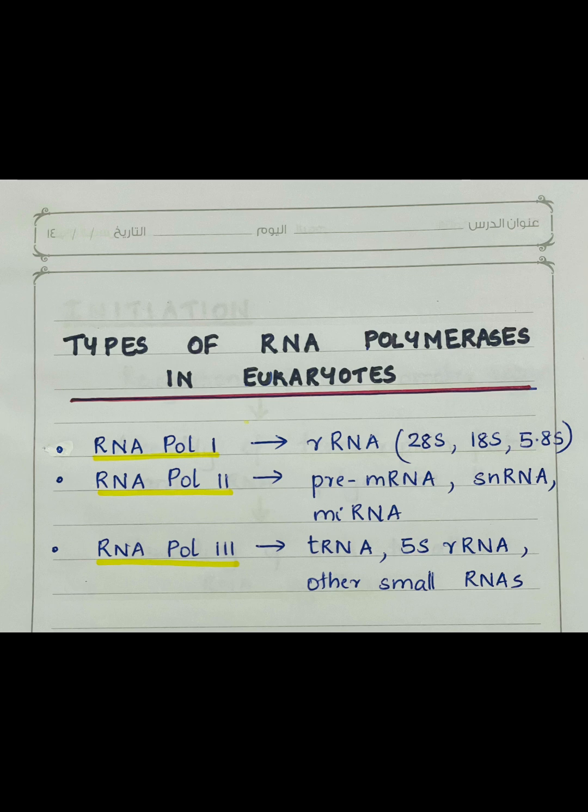RNA polymerase 2, located in the nucleoplasm, transcribes pre-mRNA, small nuclear RNAs and microRNAs. RNA polymerase 3, which is also located in the nucleoplasm, transcribes transfer RNA, 5S ribosomal RNA, and other small RNAs like small nuclear RNAs.